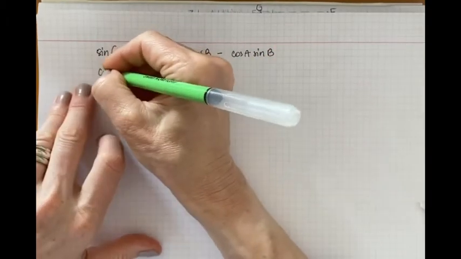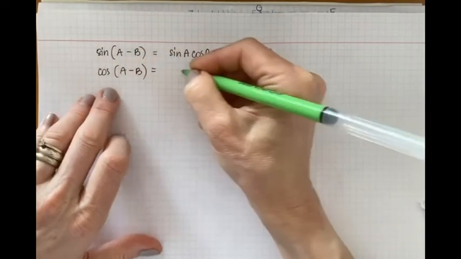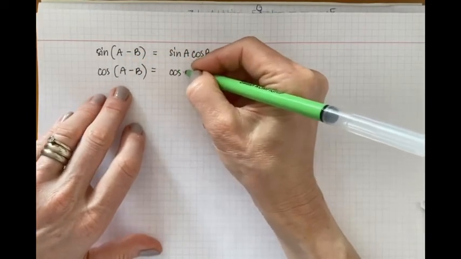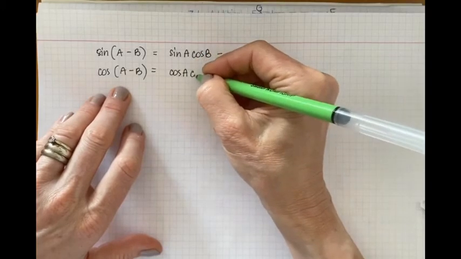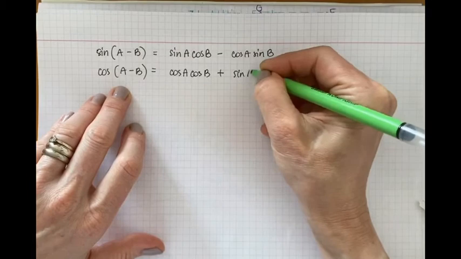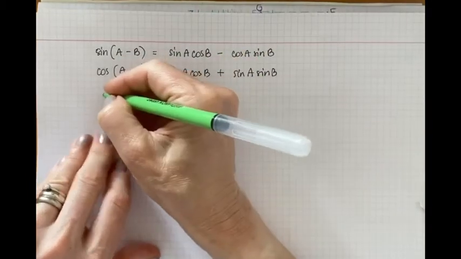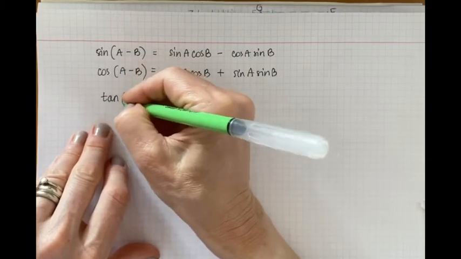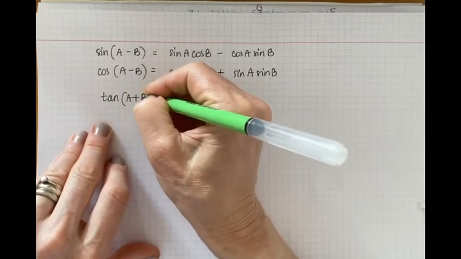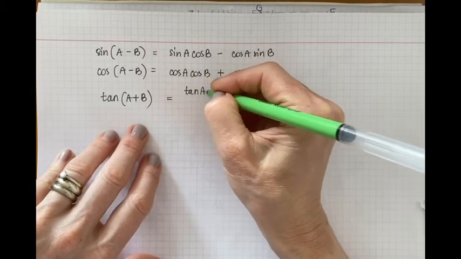You can also have cos A minus B. This time it's the same as before, but there is a plus. So it's cos A cos B plus sine A sine B. Perfect. And then you can also have tan A plus B. It's a fraction.